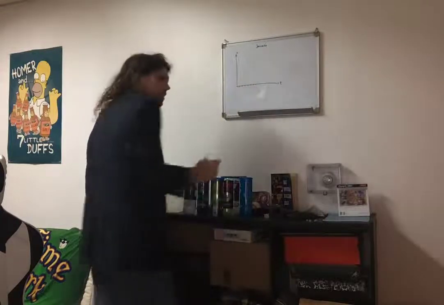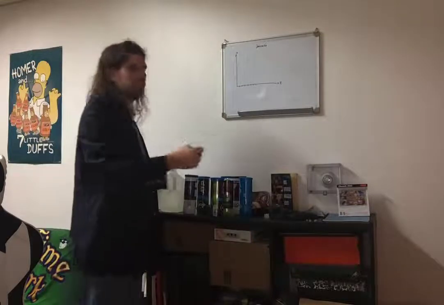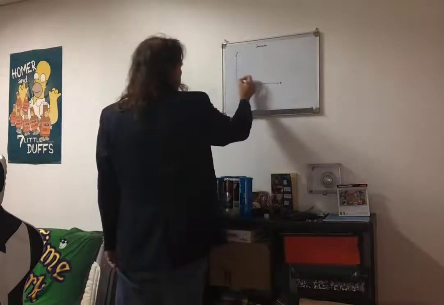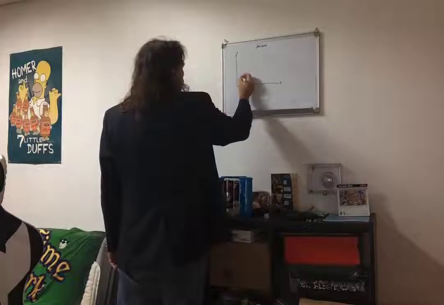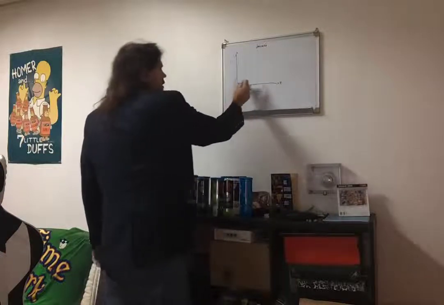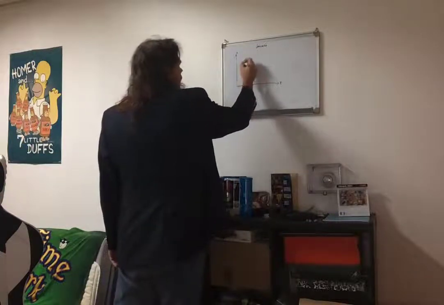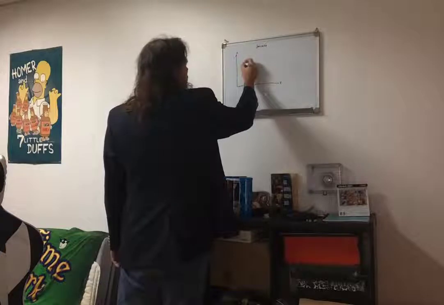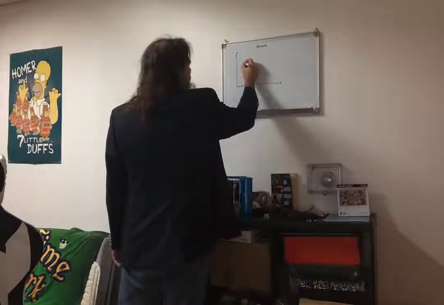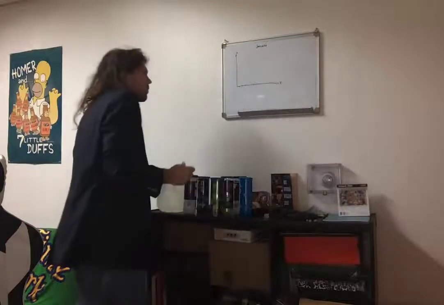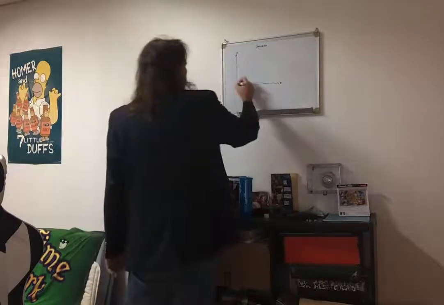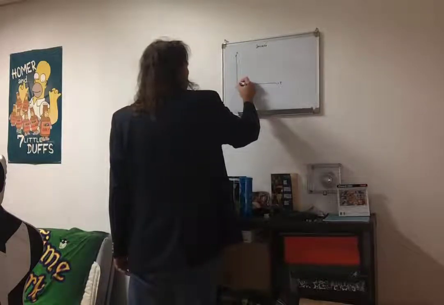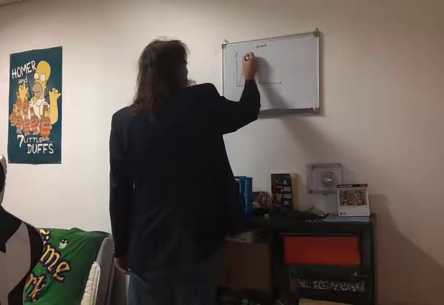After 1 second, it's 1 meter. A car, for example. After 2 seconds, it's already 4 meters. After 3 seconds, it's already 9 meters. And so on. Okay, so we can basically write a function here.